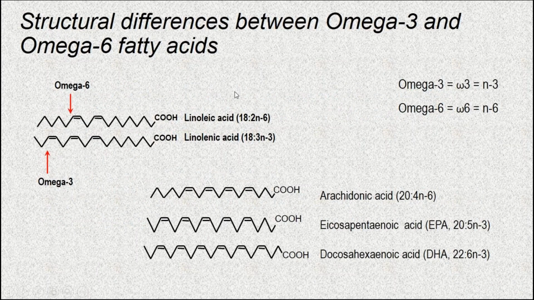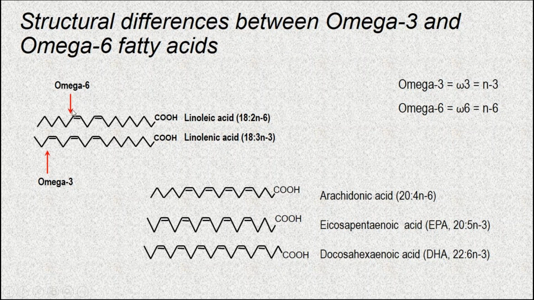This is a little bit of chemistry, the only chemistry that I think I'll show in this talk, and it's just to highlight the reasons why we call these fatty acids omega-3 and omega-6. And they have to do with the actual chemical structure. This is linoleic acid, and this is linolenic acid.